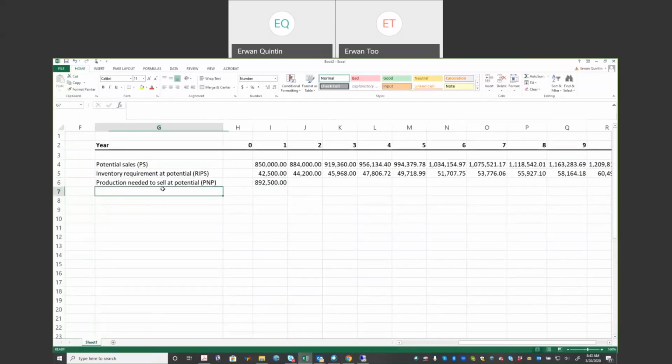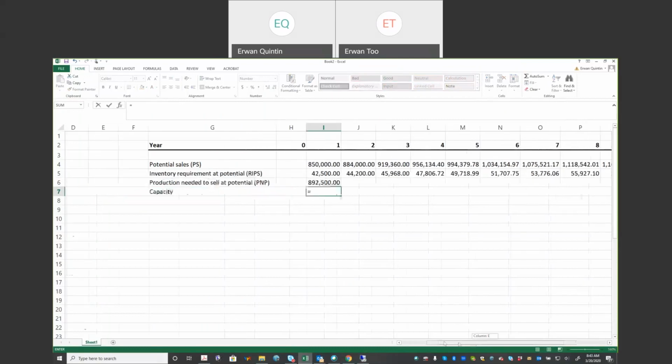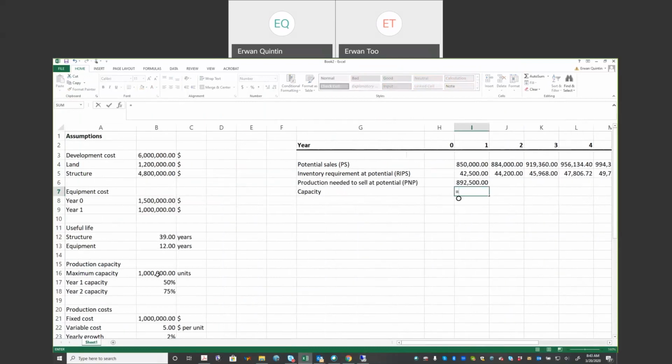Okay, so what I need for this is my capacity. So what is my capacity? My capacity, by assumption, is 1 million units, F4, times 50% in year one, F4. And since I'm here, I might as well finish my capacity calculation. In year two, likewise, it's going to be 1 million times 75%, F4.